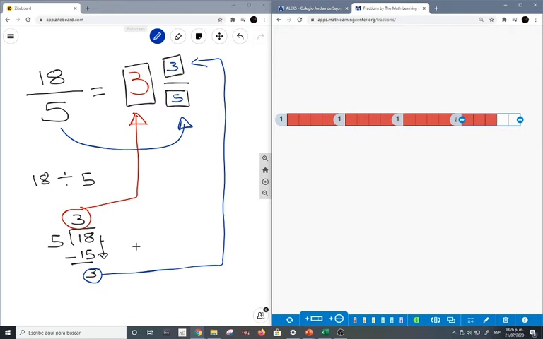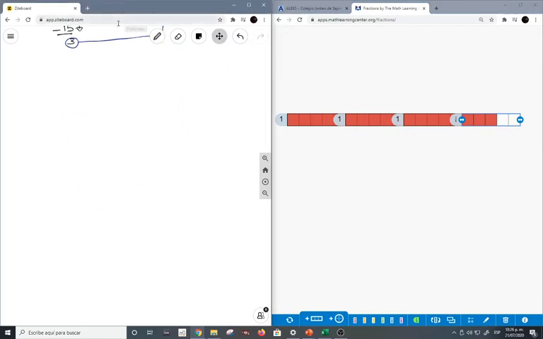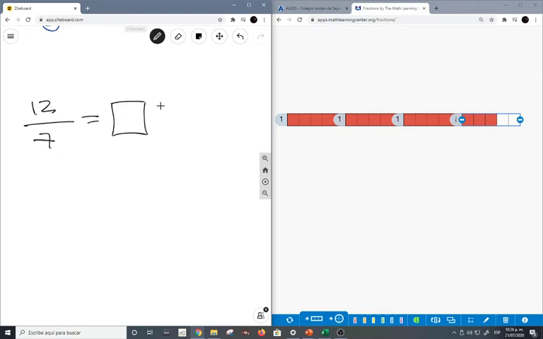Let's do it again with another example. So, in this case, I am going to try to transform 12/7 to a mixed number.